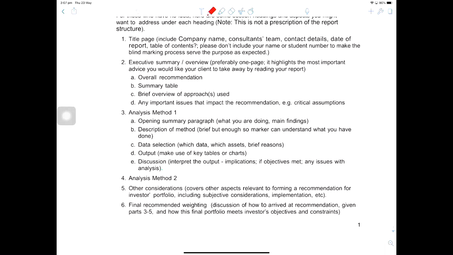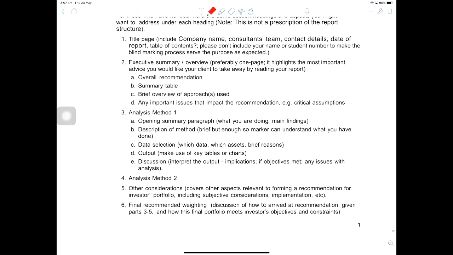So that's the title page, and the most important will follow this: the summary or overview, not an overview of the client's objectives, but the overview of the asset allocation advice. Your client will be happy to pay $5,000 for that report, and you want to give your client the most important information on the first page. And you want to impress your client on the first page.